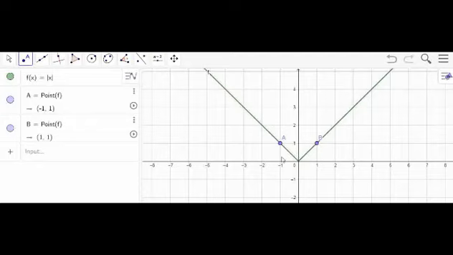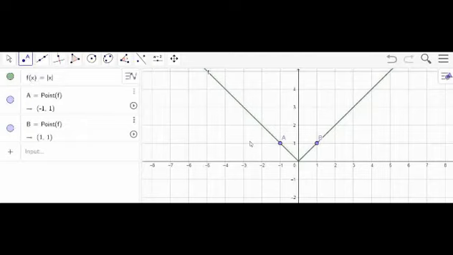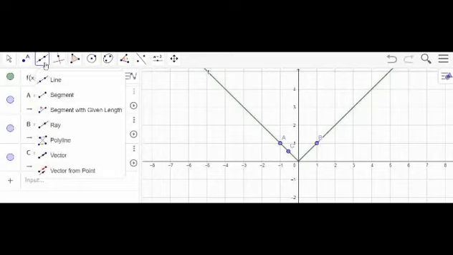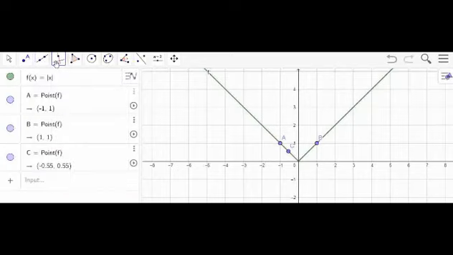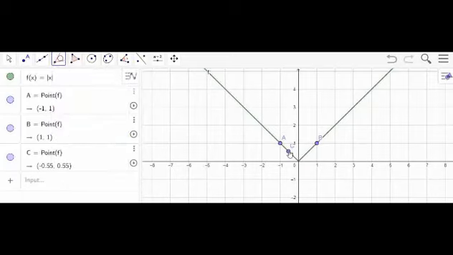We will show that there is no point between -1 and 1, that is from A to B, where the tangent is parallel to the x-axis. So we take any point C on this curve between A and B, and now we draw a tangent at this point C to this curve.